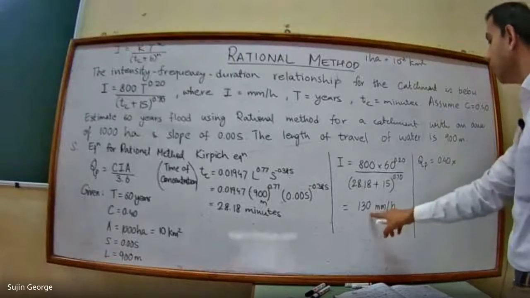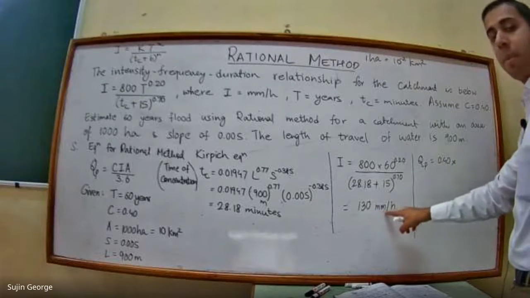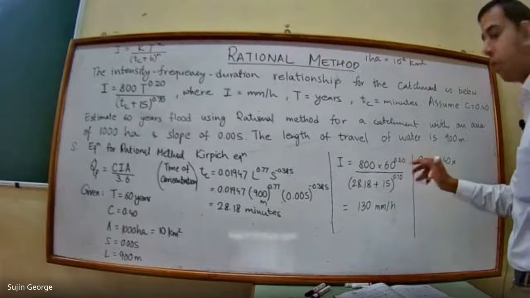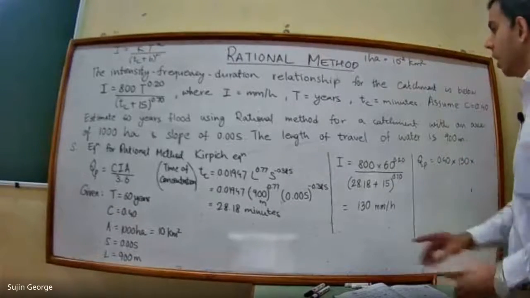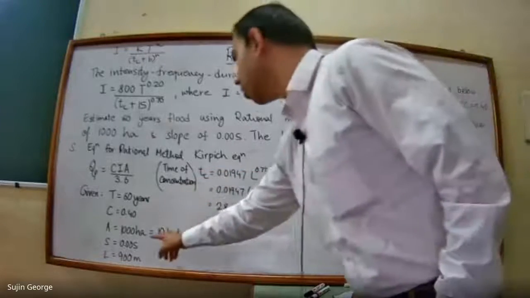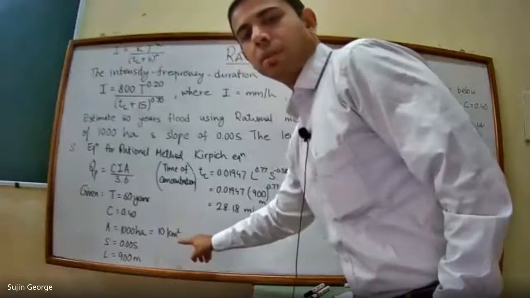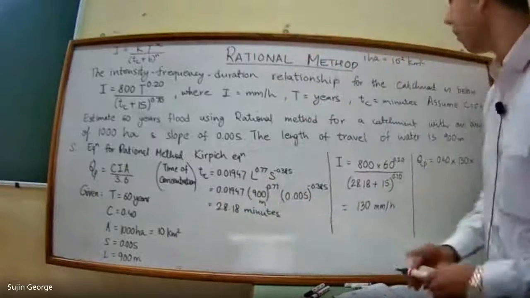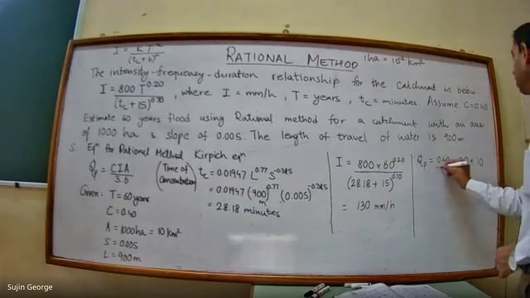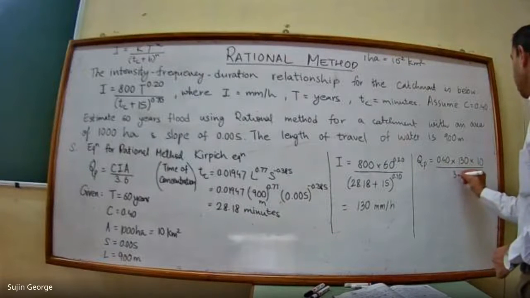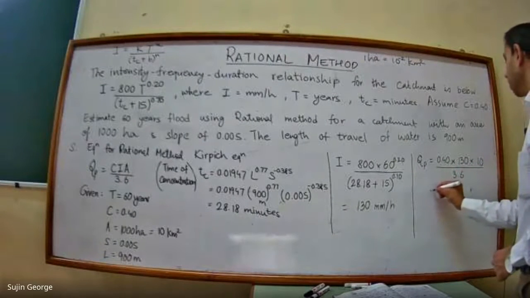The I value has to be taken in mm per hour, as I told you before, so that is 130. And the A value should be taken in kilometer square. Then only you will get the value of QP in meter cube per second. So this is 10 kilometer square divided by 3.6.